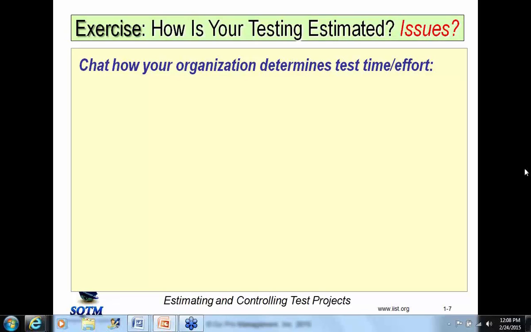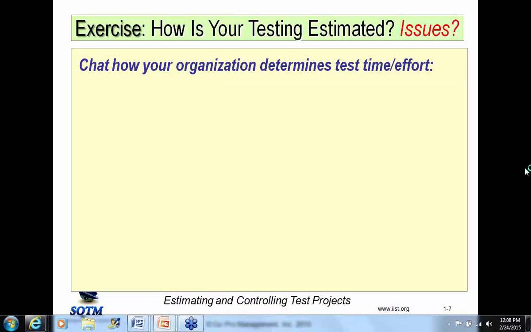So some of the ways that you determine the time and effort needed to test. Okay. So one person said work breakdown structures. We'll talk about them in a little while. Level 0, level 1, level 2 estimates.